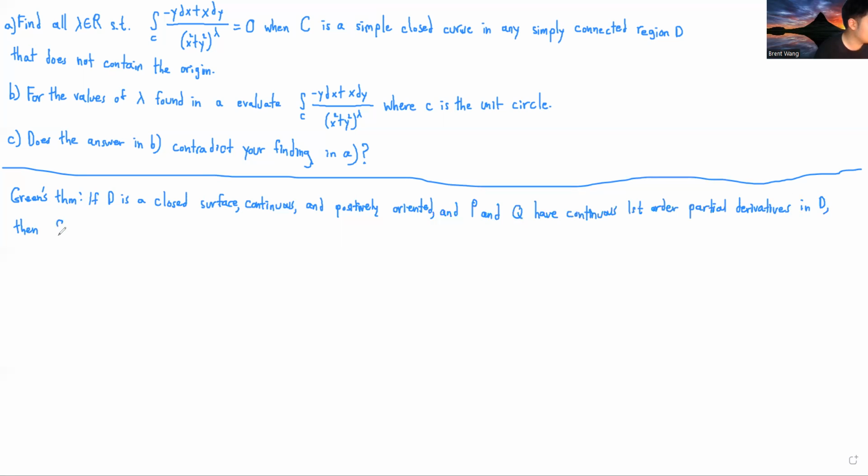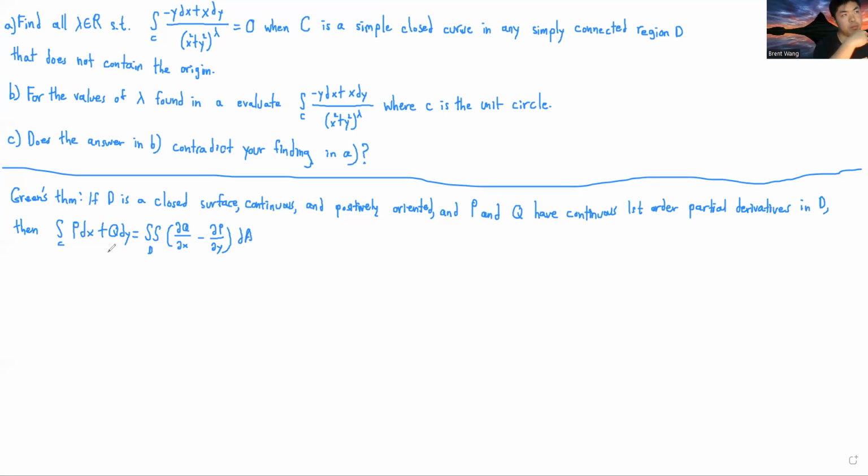The integral over C of P dx plus Q dy is equal to the double integral of partial dQ/dx minus partial dP/dy dA.